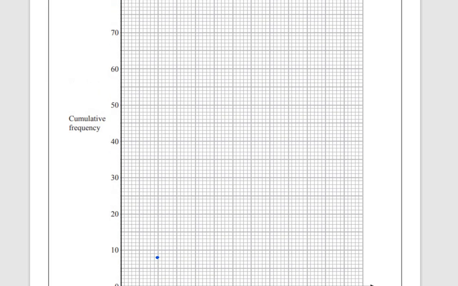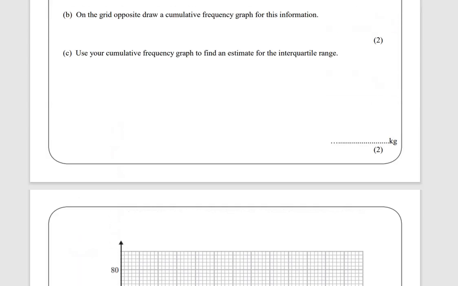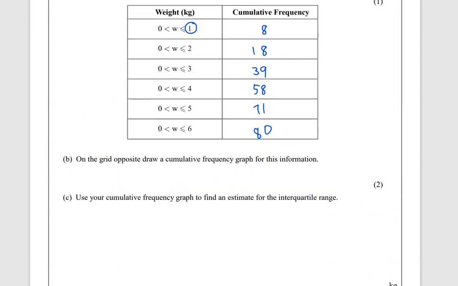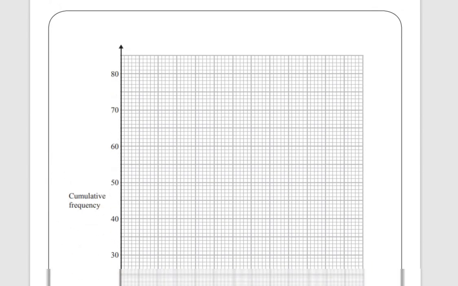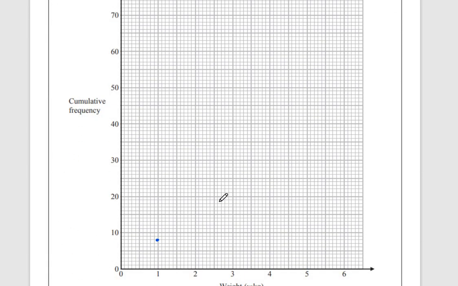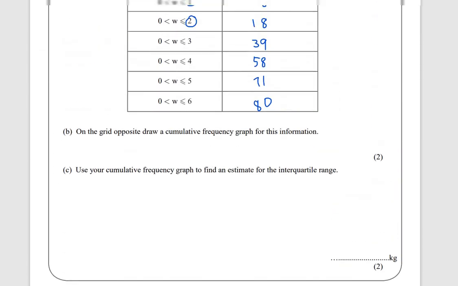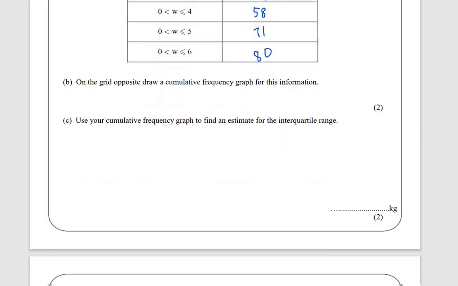So remember, it's always the upper class limit and your cumulative frequency that goes on to the graph. So next, it's going to be 2 and 18. Two and 18 is right there. And then 3 and 39.